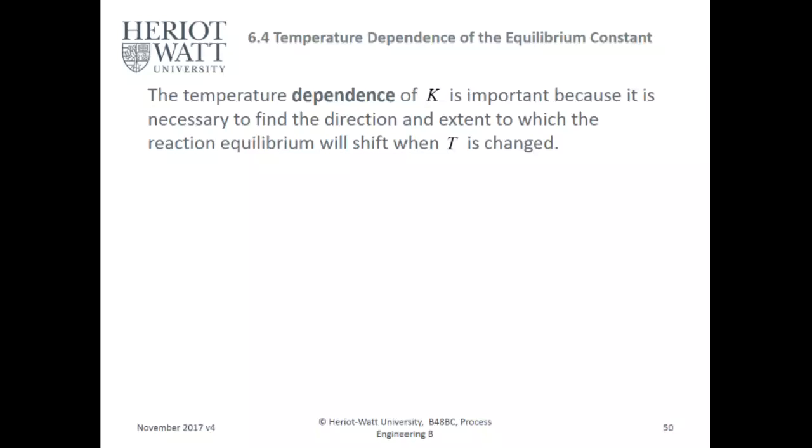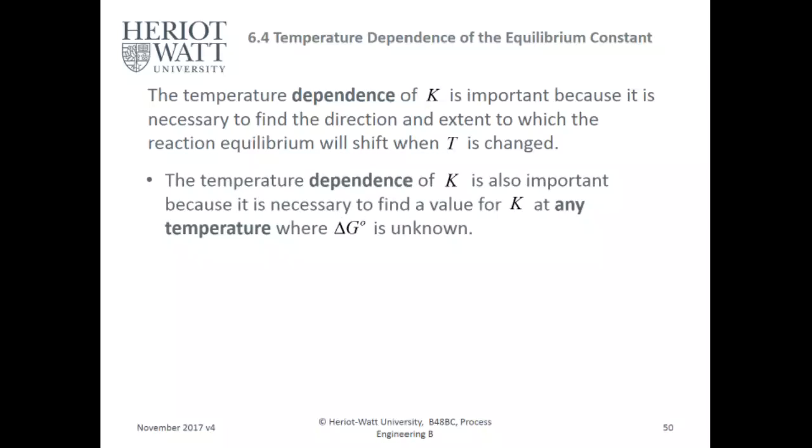So the temperature dependence of K is important because it is necessary to find the direction and extent to which the reaction equilibrium will shift with temperature change. So whether it's exothermic or endothermic, if you increase the temperature, where will the equilibrium lie, all based on Le Chatelier's principle.